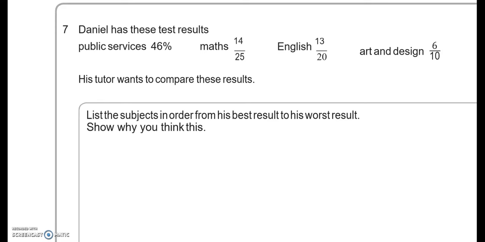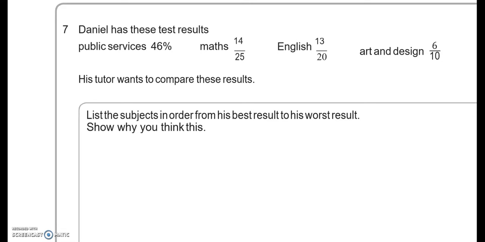So we're going to convert them all to percentages, because by having them all the same, it's going to be easy to work out. So we've got 14/25 for maths. So we're going to use a calculator to divide 14 by 25.